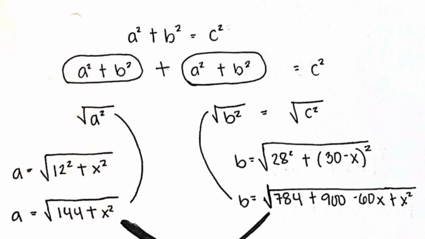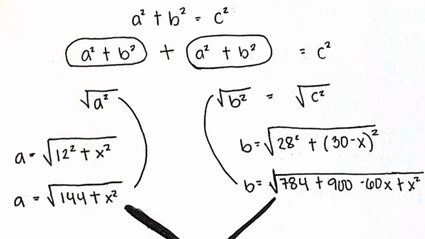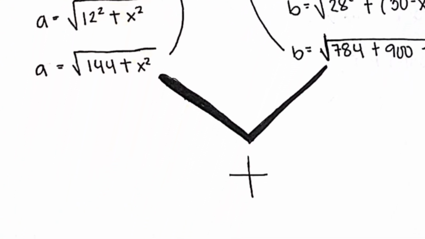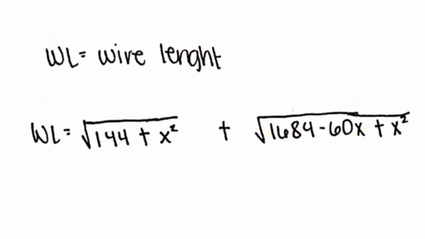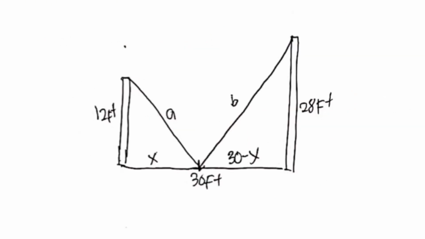And lastly, substitute it into our final formula, the square root of a squared plus the square root of b squared equals the square root of c squared, and let c be WL, which is wire length. So this is the illustration.